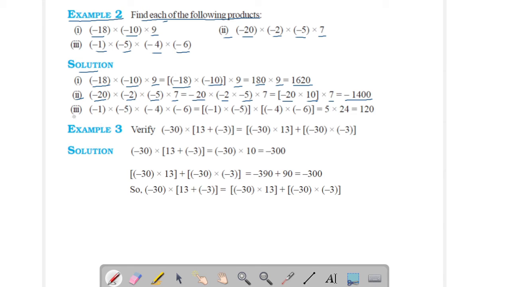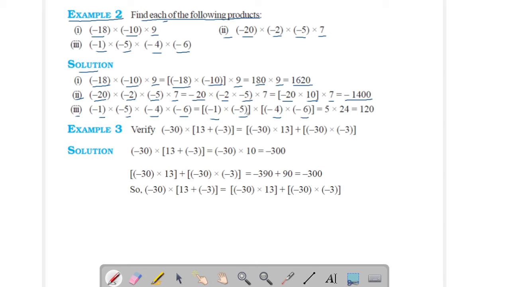So see the solution. Third part, minus 1 into minus 5 into minus 4 into minus 6. Here we have multiplied minus 1 and minus 5 together and minus 4 minus 6 together.